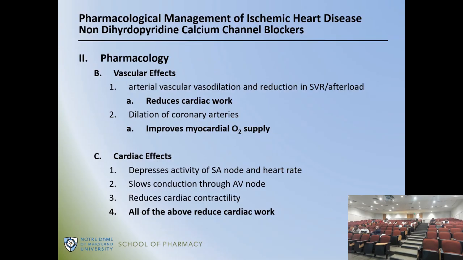They cause arterial vasodilation. They dilate arteries and reduce SVR or afterload. This will reduce cardiac work, okay? They also dilate your coronary arteries, which will improve blood supply or blood flow to cardiac tissues, right? We've already talked about that, okay? So those are your big vascular effects.